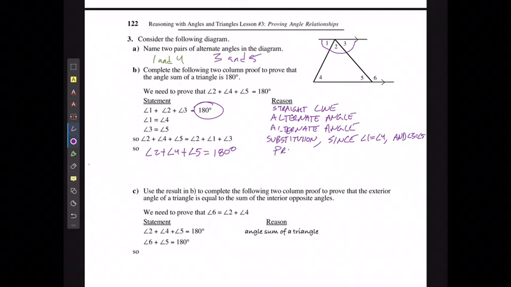And there's our proof. The angle sum is 180 degrees.